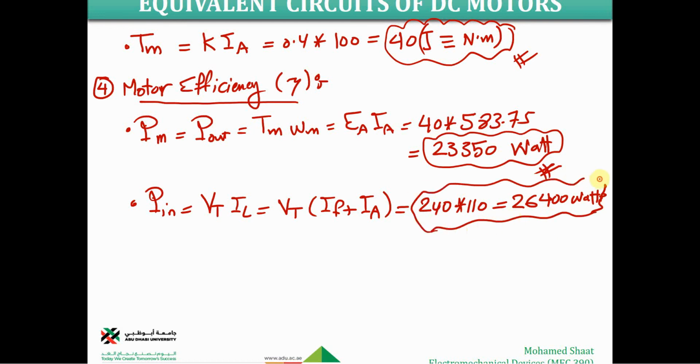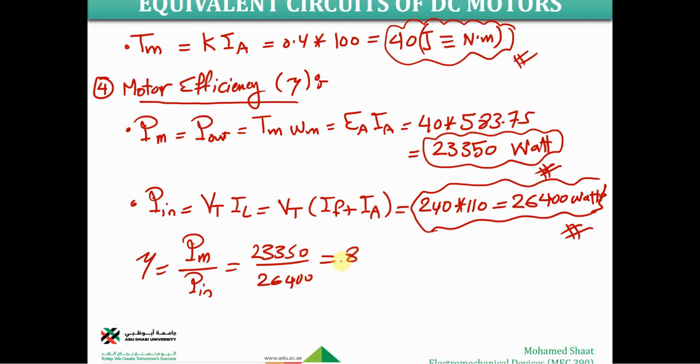So as you can see, the output power is smaller than the input power. It means that the motor efficiency definitely is going to be less than 100 percent, or less than 1. So this is the output power, which is PM, divided by the input power, which is PN. This is going to give us 23,350 divided by 26,400.